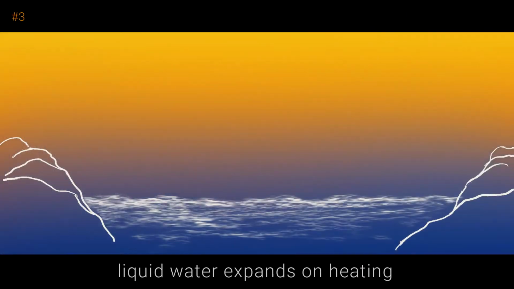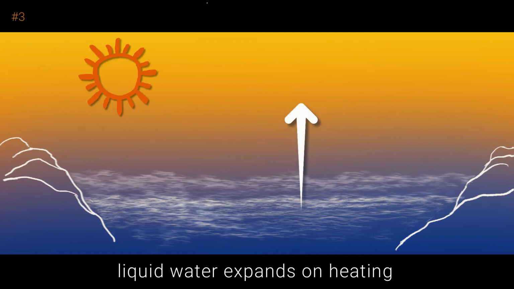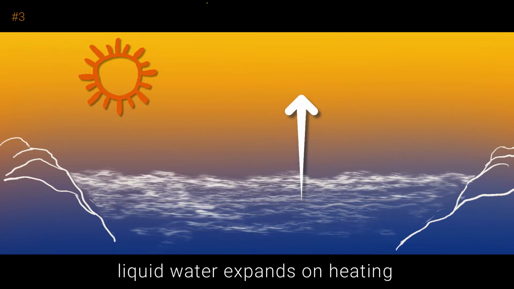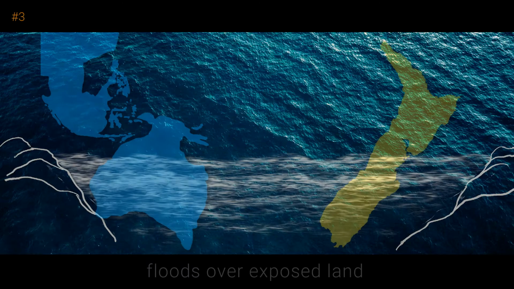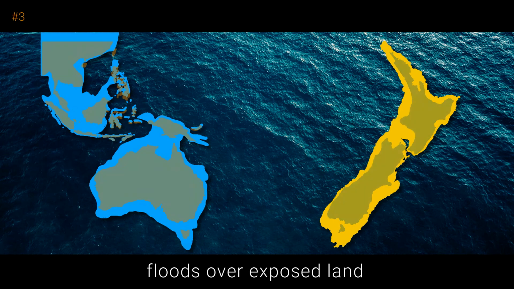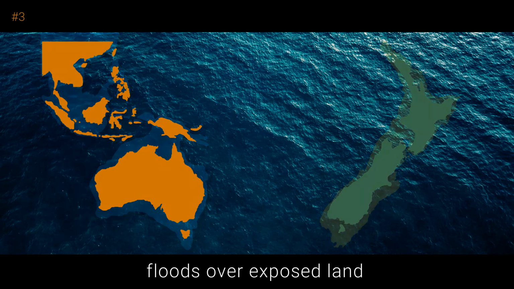And liquid water expands on heating, so as the water is warmed, the oceans grow in volume. Both these processes result in more water in the oceans, and sea level rises. Rising sea levels in our present interglacial have flooded land which was exposed during the last ice age.